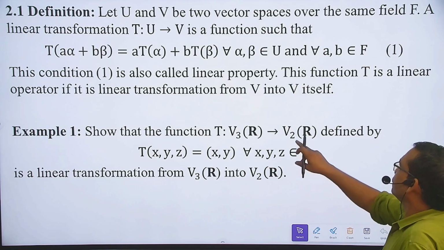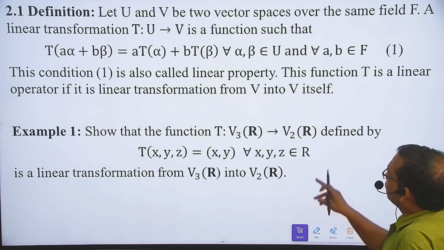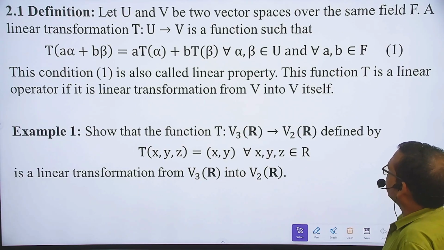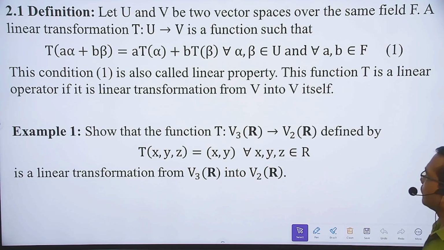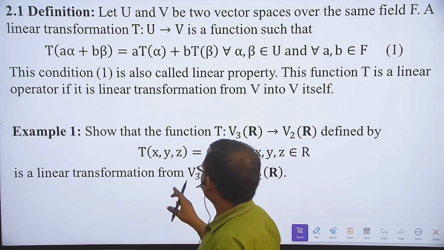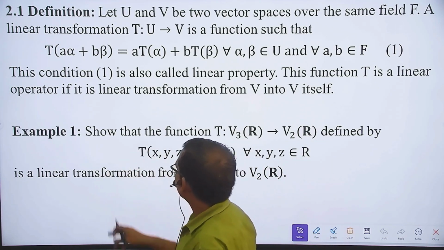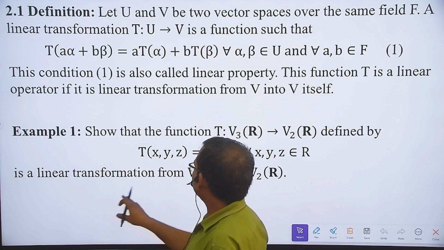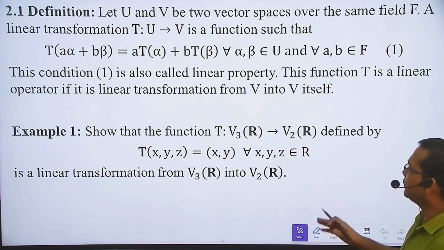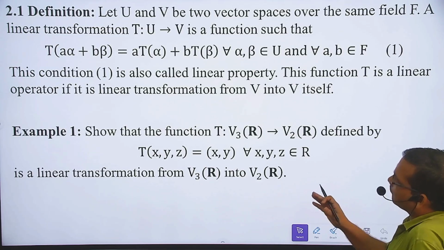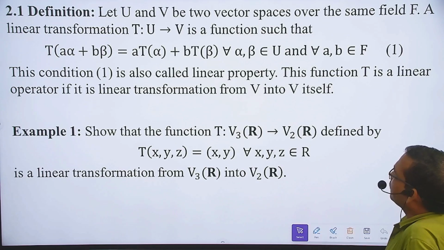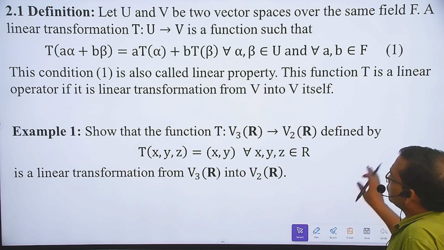The codomain V2 represents the vector space of dimension 2, and R is the field. We have to show that this function T is a linear transformation from the vector space of dimension 3 into the vector space of dimension 2.